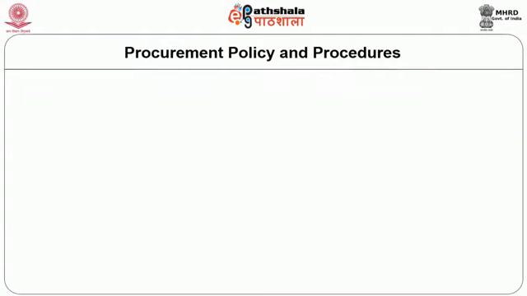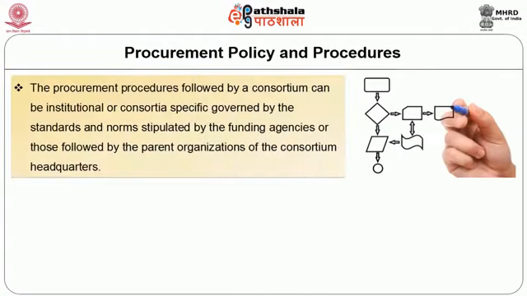Procurement policy and procedures. The procurement procedures followed by a consortium can be institutional or consortia specific, governed by the standards and norms stipulated by the funding agency or those followed by the parent organization of the consortium headquarters.